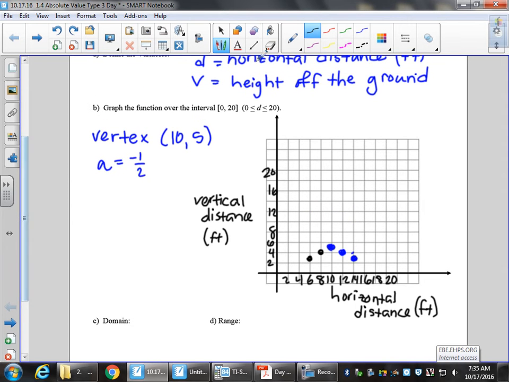Before we start drawing the lines, any thoughts on how we're going to work in this restriction right here? Yeah. So let's see what happens if we actually sketch our graph here very carefully.